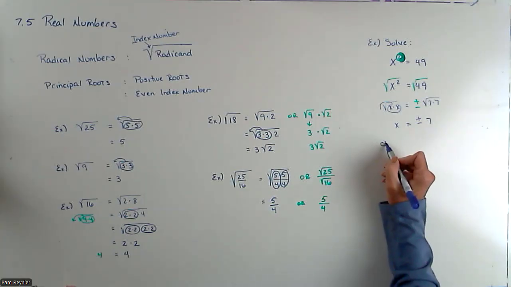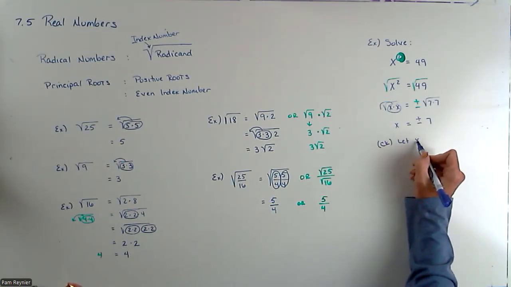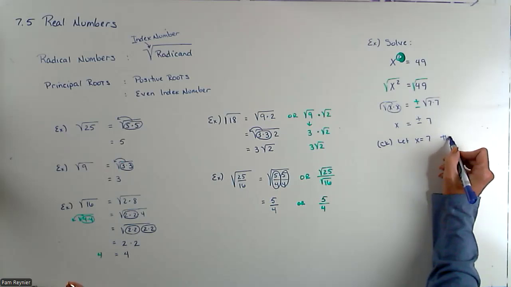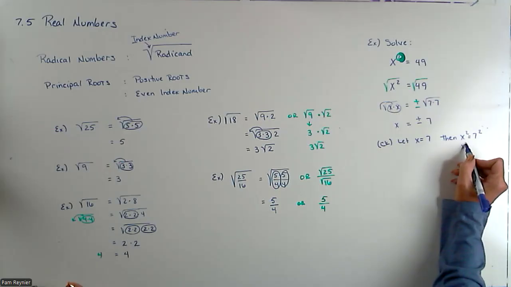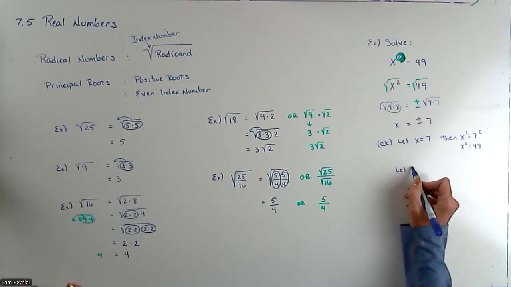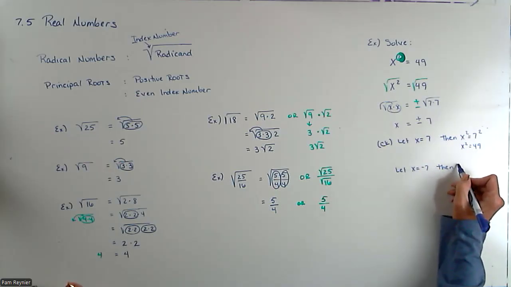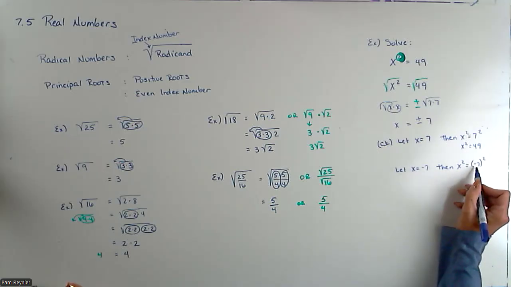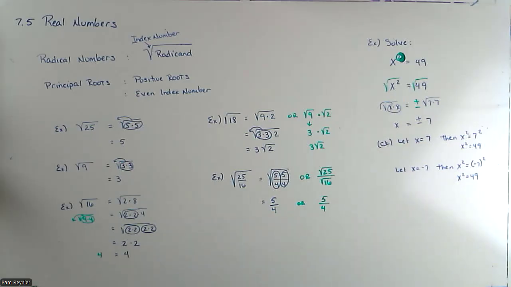Because we know when we check it, if I let x equals 7, then I know x squared equals 7 squared, so x squared is 49. But if we let x equal negative 7, following the same check, x squared equals negative 7 squared, well, a negative times a negative is still going to give me a positive 49.